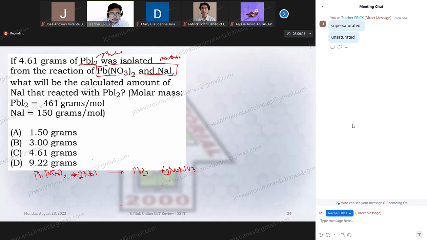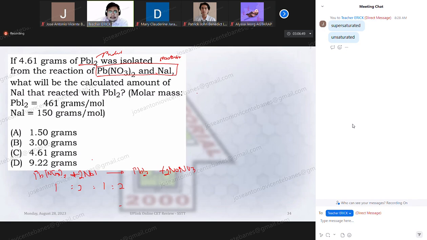Since we have 2 sodium nitrates here, 1 lead and 1 lead, then the balanced equation is 1 is to 2 is to 1 is to 2. Okay? Now, we're not yet finished here. Now, the question here is, what is the final amount of sodium iodide that reacted with your lead iodide?